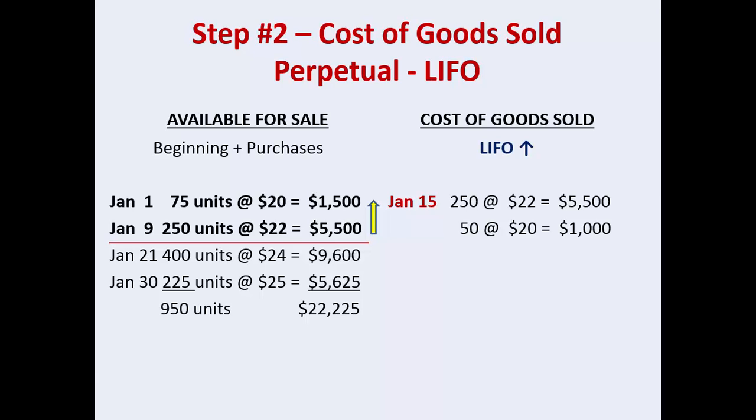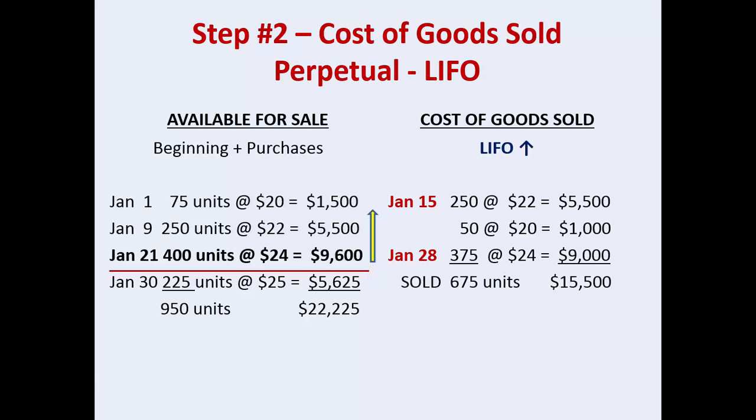So you're going to take your last in as of the point of sale, January 15th, which would be first the 250 units at 22 purchased on the 9th, and then you still have another 50 because you sold 300. So you take 50 out of that 75 purchased on the 1st.